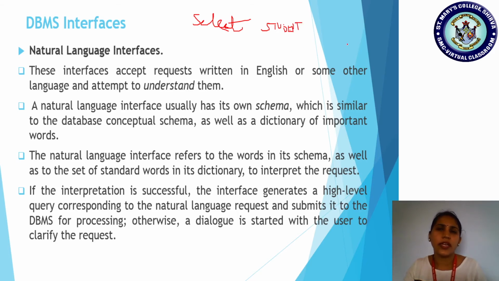Like that, a course file is there, right? Now all of you observe here: select from. See here, select and from are natural language, and student is a database schema where we have defined that the student has the roll number, name, class, major and so on. Are you all understanding? So the natural language interface refers to the words in its schema, which here is the word student.